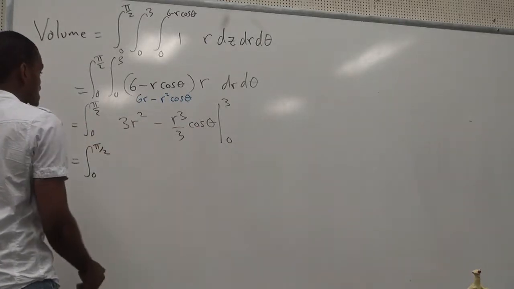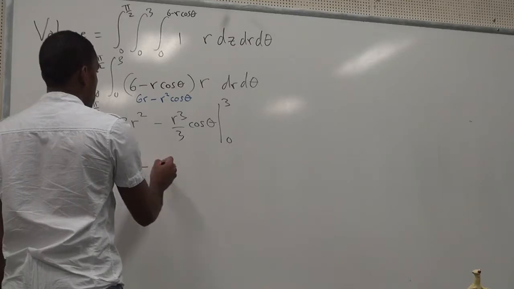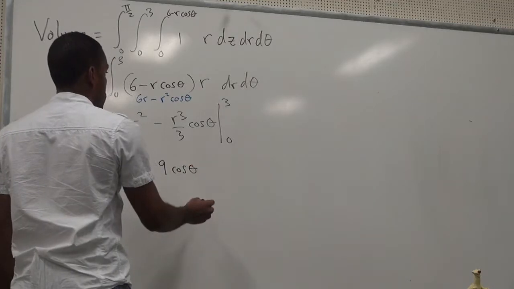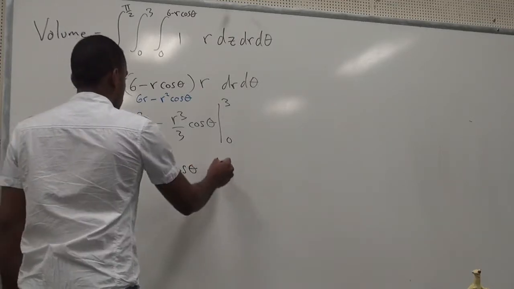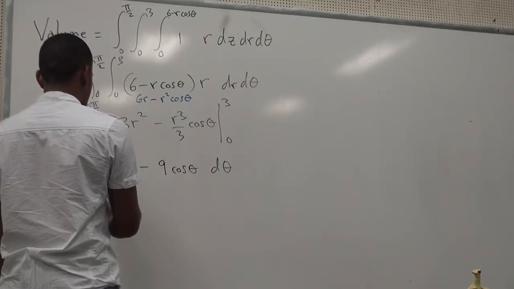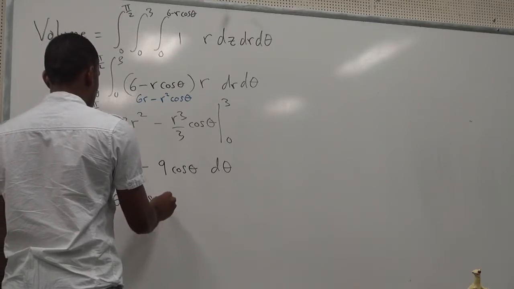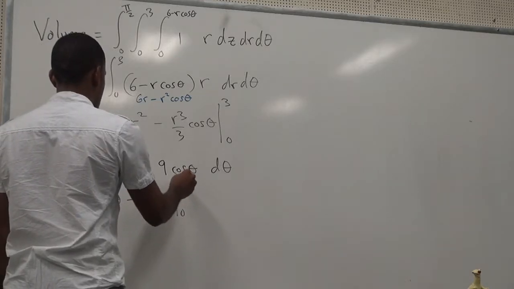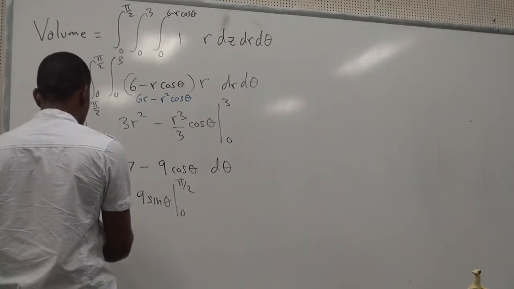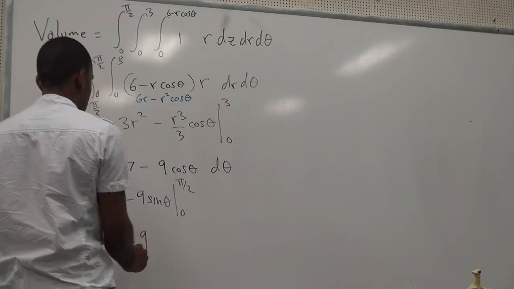So I plug in 3, I get 3 cubed, which is 27, minus 9 cosine theta. So this is 27 theta minus 9 sine theta. This gives you 27 pi over 2 minus 9.